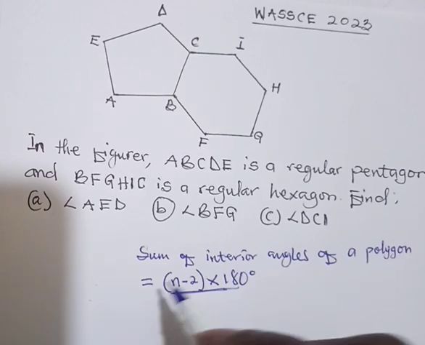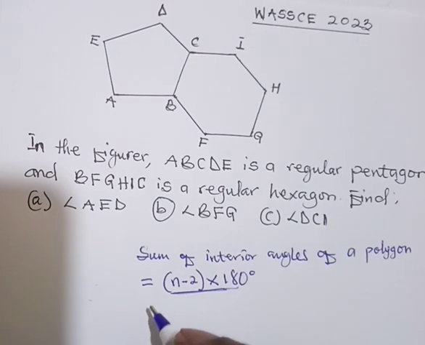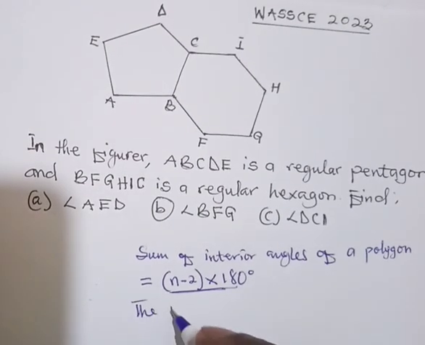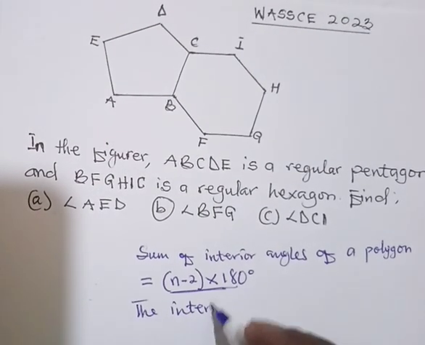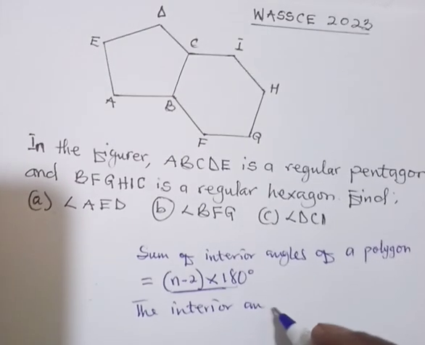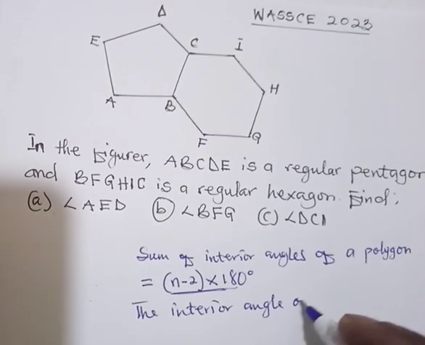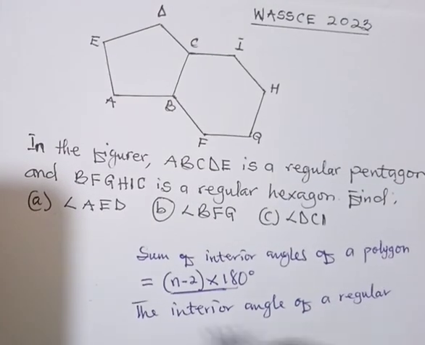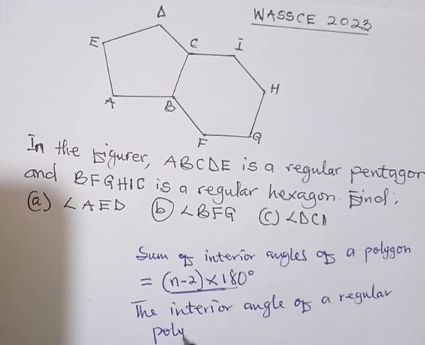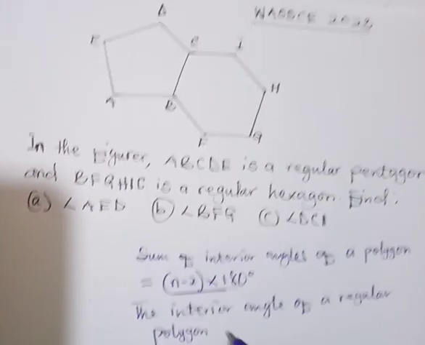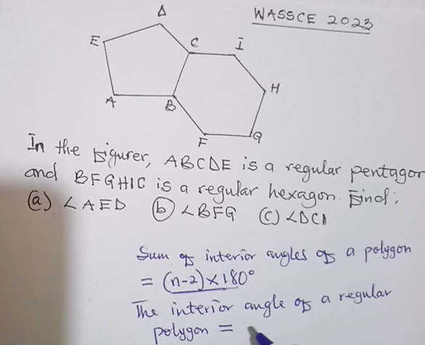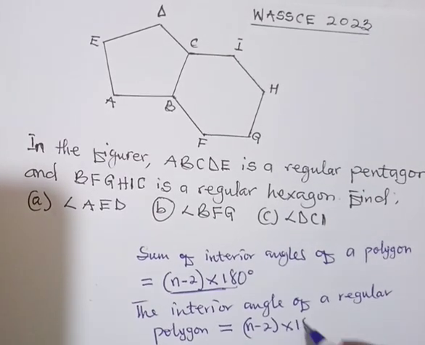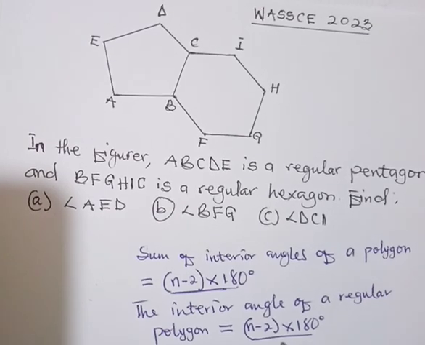So the interior angle of a regular polygon is given by (n minus 2) times 180 degrees, all divided by n.